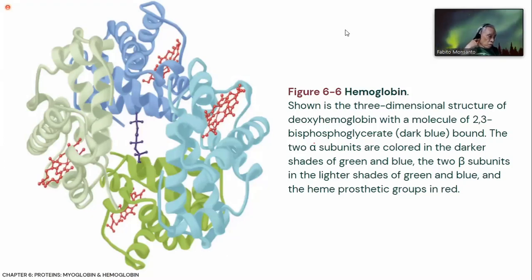Because once the oxygen is there, the 4 subunits become very loose. Once it unloads the oxygen, your 2,3-BPG comes around and stabilizes the 4 subunits from being relaxed or loose.